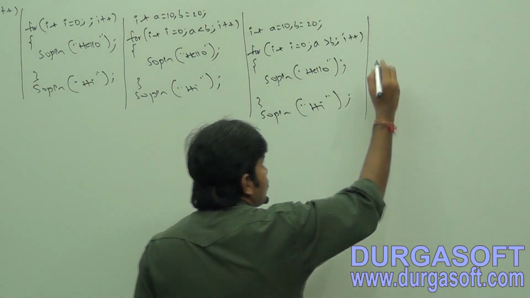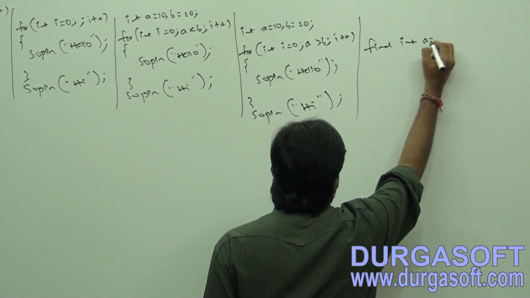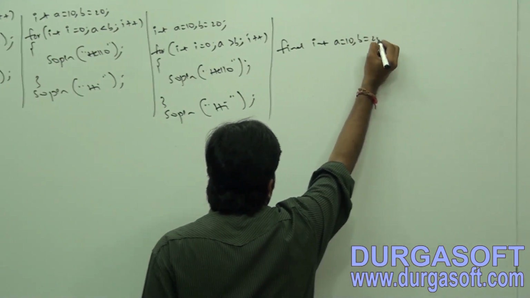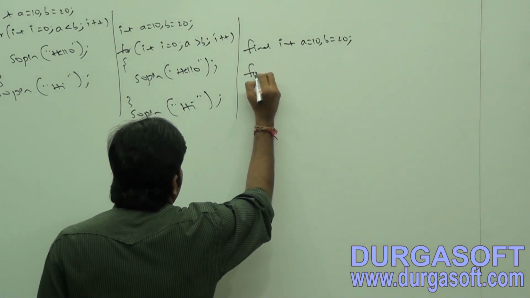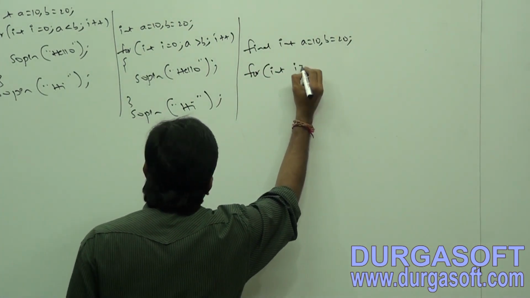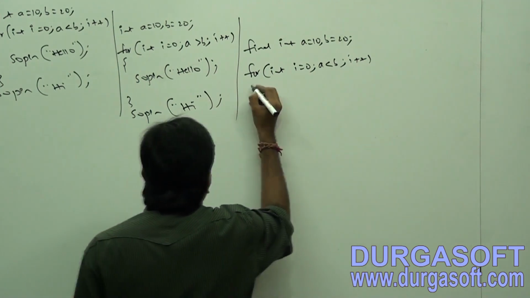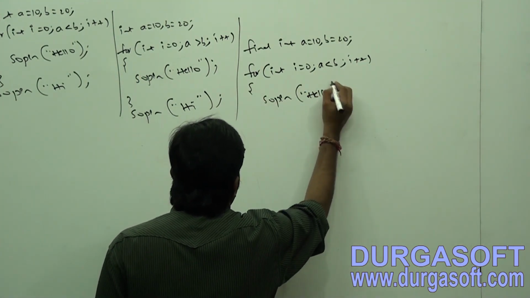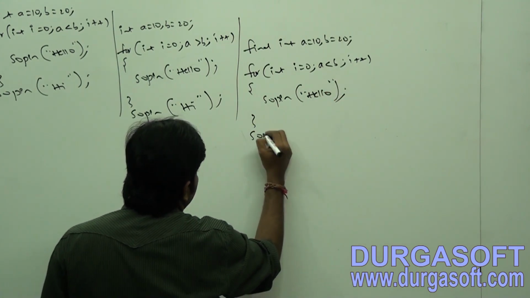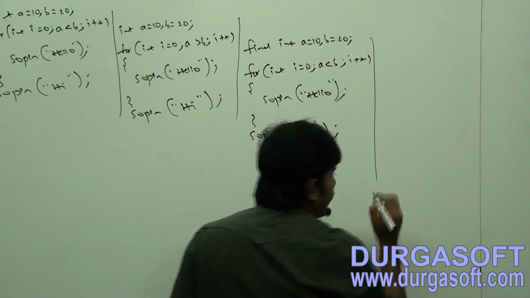Okay. Next, final int a = 10, b = 20. For int i = 0; a is lesser than b; i++, System.out.println("hello"), next System.out.println("hi").